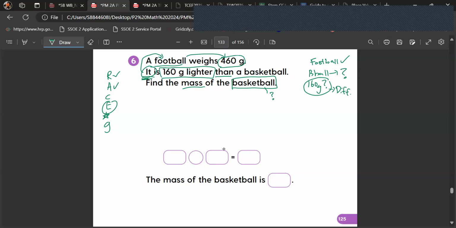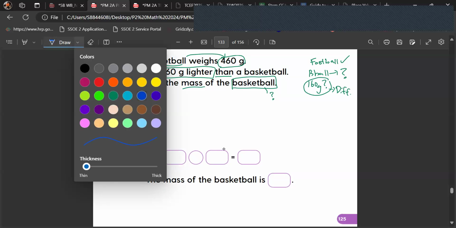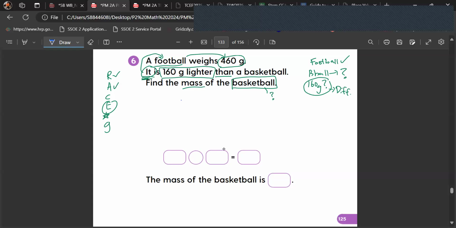So now I draw a model. I will use the comparison model. Now, it says a football is going to be a shorter bar. Why? Why do you think that the football is going to be a shorter bar compared to a longer bar that is basketball?